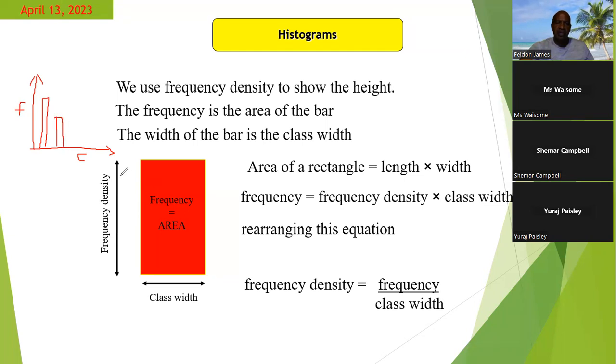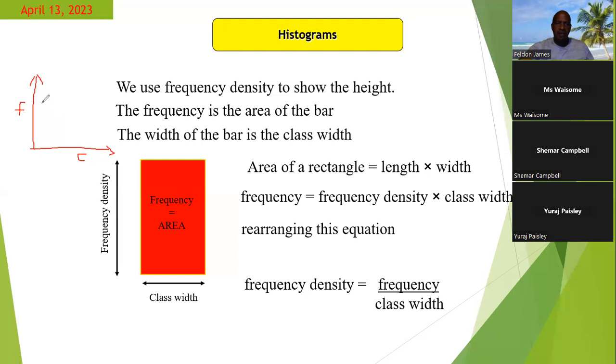Right? But in some cases, when we are using more than one class together, when we are merging classes, we don't bother to use the height to tell the frequency. So we use the area of the bar.